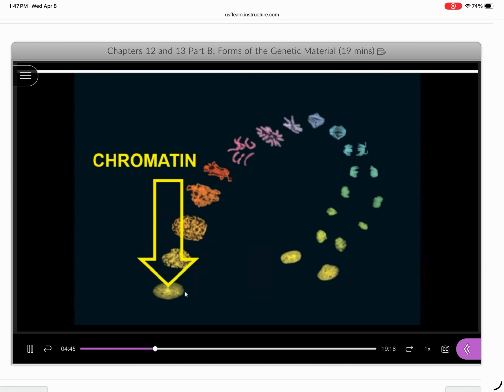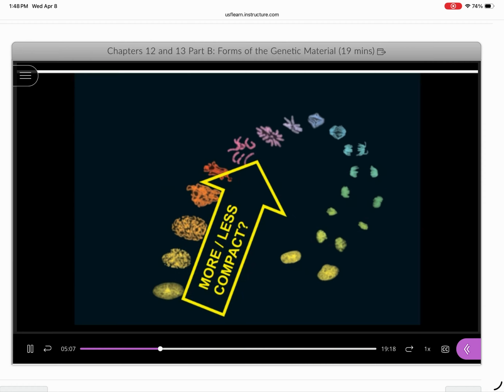So what we're looking at here in that first cell, in the nucleus, is chromatin. It's a complex of DNA and protein. That's all we can really see. This is the DNA and the protein, and we call that chromatin. This is chromatin here as well. So what is happening again? Is the DNA becoming less compact or more?